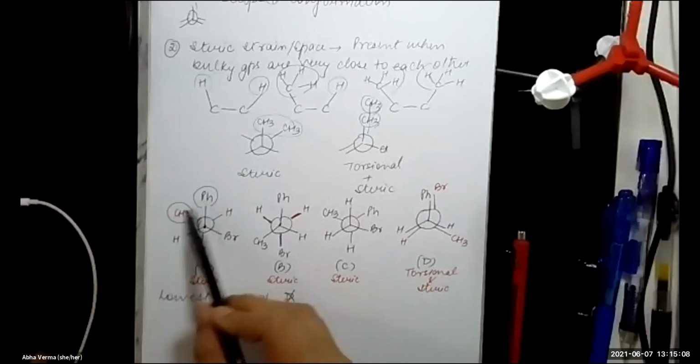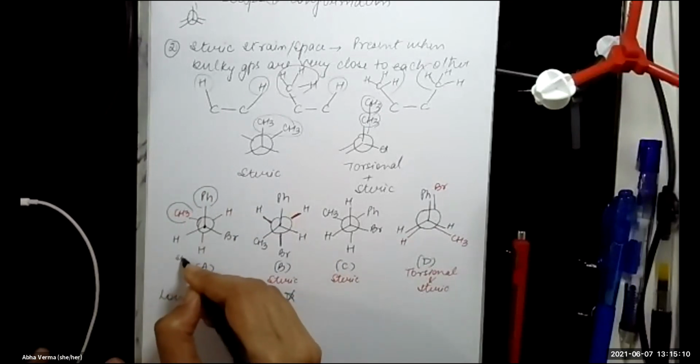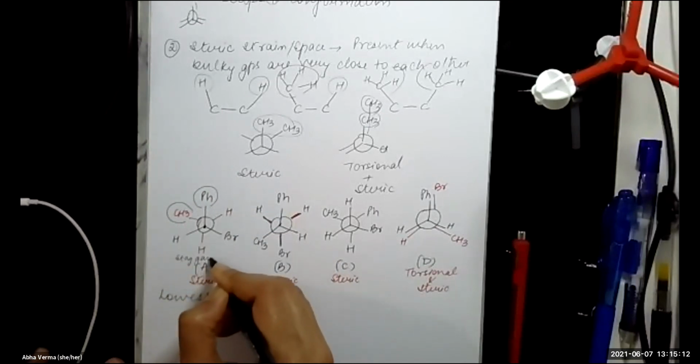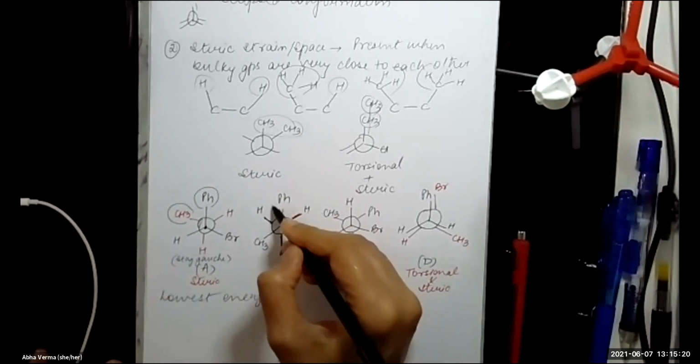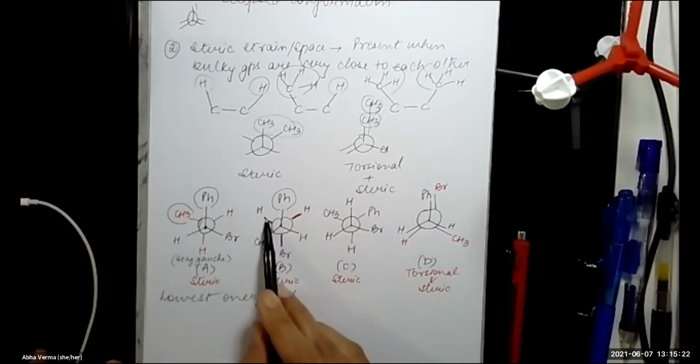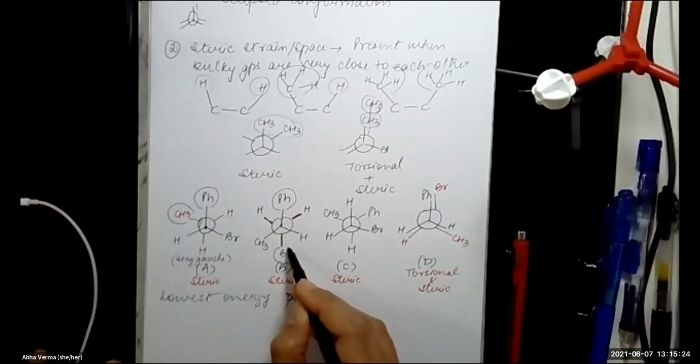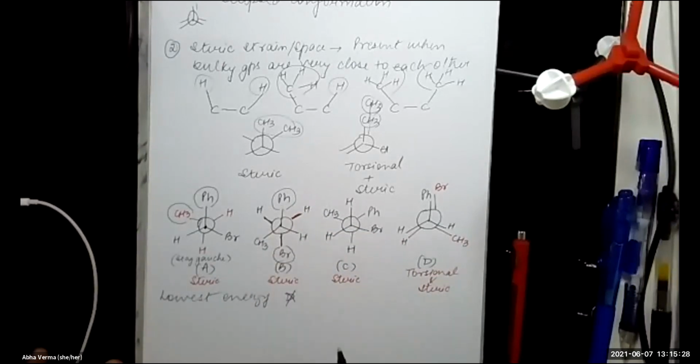So the bulkiest groups are staggered gauche to each other. Let's look at this carbon. On this carbon, my bulkiest group is phenyl. On the back carbon, my bulkiest group is Br. So my bulkiest groups are what here? Staggered, anti. So anybody had a question?